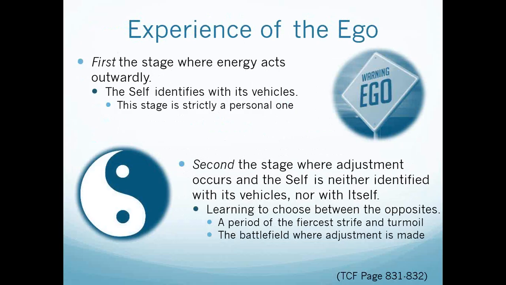It is learning to choose between the pairs of opposites, and this is a period of the fiercest strife and turmoil. It's the battlefield where adjustment has to be made as the disciple learns to integrate, to generate enough transmutative force to do the opposite of what was in the first stage. In other words, to learn to manifest the energy inward now instead of outward.